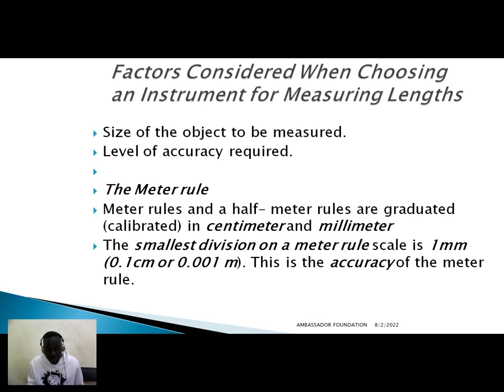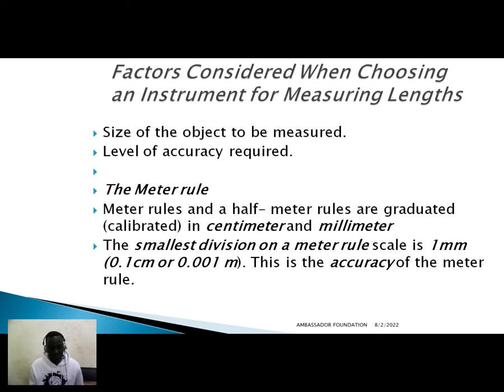That is the accuracy. Even when writing down the length, you have measured your length and you got it to be 15 centimeters. Just to respect the accuracy of that meter rule, you have to write 15.0 centimeters. That 0 is very important.